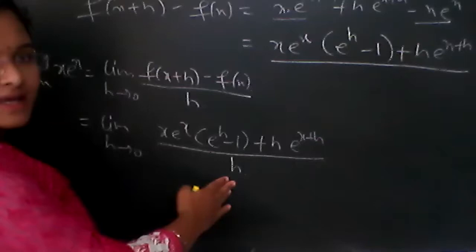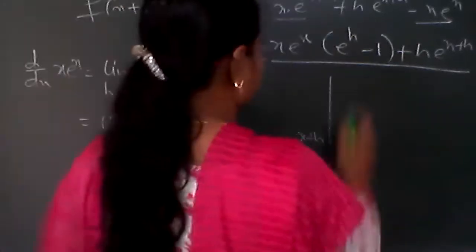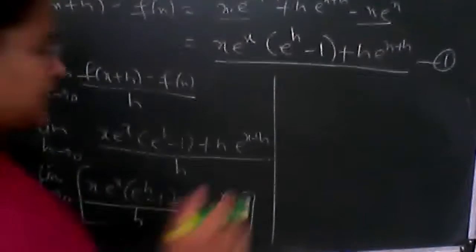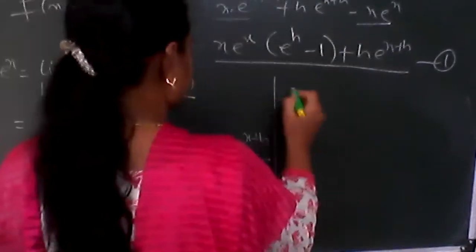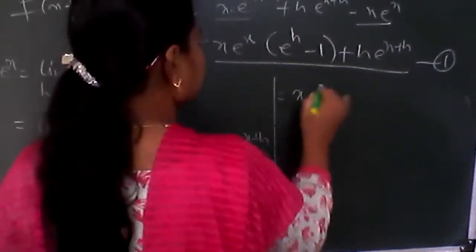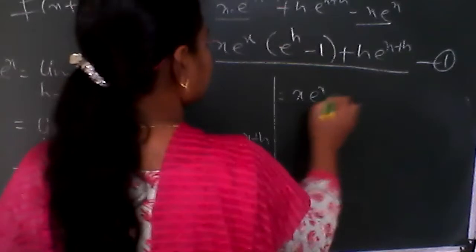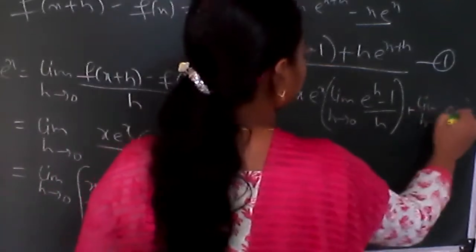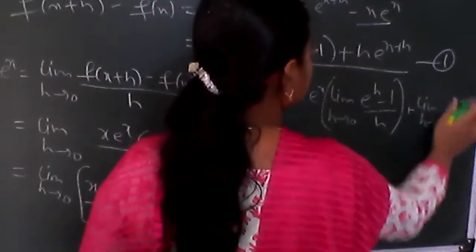So here we'll apply the limit. x e raised to x into limit as h tends to 0, e raised to h minus 1 upon h, plus e raised to x plus h.